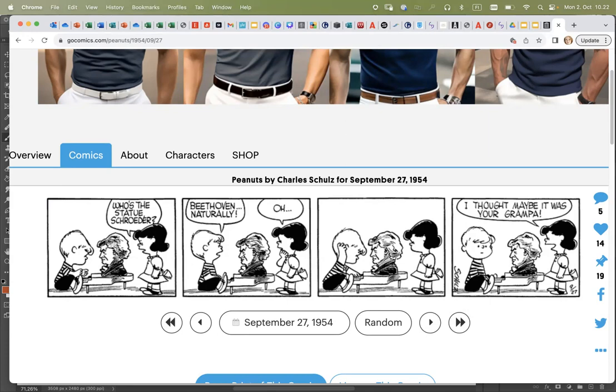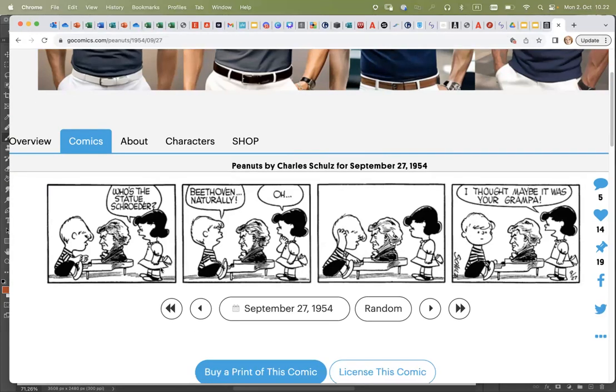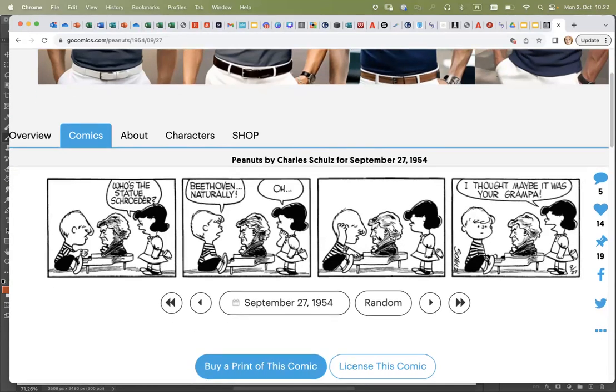But in some strips, we find out that Snoopy was owned by another child called Lila, and when Lila gets sick and sends a letter to Snoopy, Snoopy must go to the other side of the country to visit Lila, which makes Charlie Brown a bit jealous.